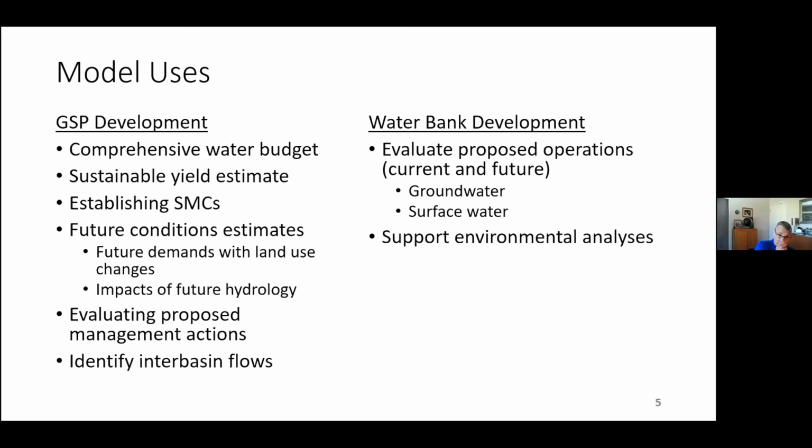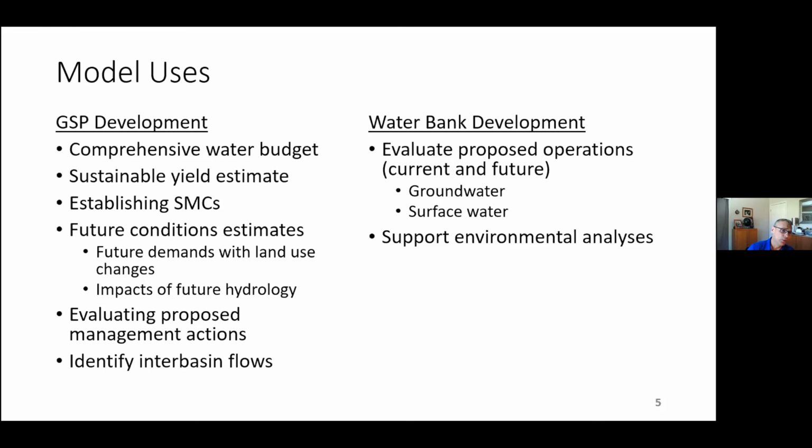Yeah, so what SGMA requires us to do is look out 50 years. So we're looking at general plans. We're contemplating everything that's currently identified, and in my case, to be more specific, I'm in the North American Subbasin, so I also have portions of Placer and Sutter County. We're going to be looking at their general plans for what development they have on the horizon. And when we run this model, we're going to assume all of that. So it kind of brackets those issues.